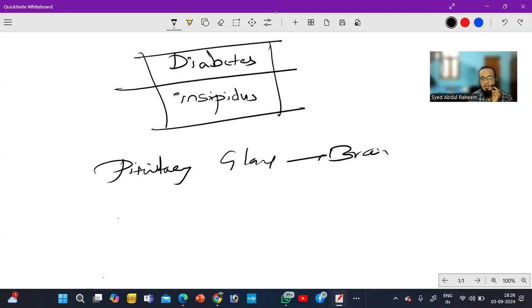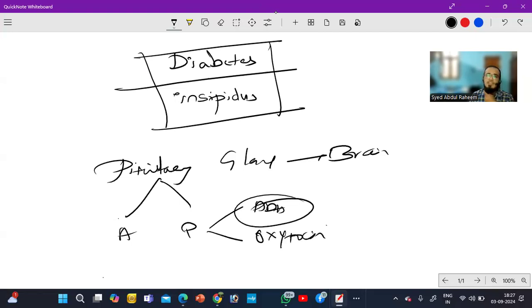In the pituitary we have the anterior and the posterior. The posterior pituitary gland secretes two hormones: one is called antidiuretic hormone, ADH, and another is oxytocin. These are the two important hormones released by the pituitary gland.